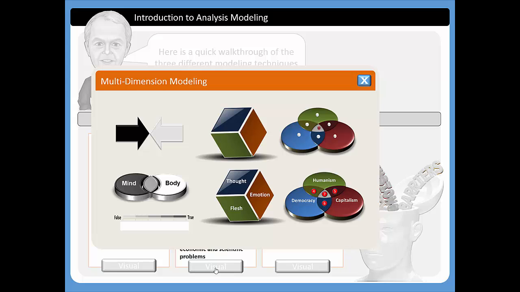Capitalism may have autonomous events and activities that it performs. And humanism may have the same, but they cross. Democracy crosses capitalism, humanism crosses democracy. So you have all those options. Number seven, the option in the middle there, is very similar to our cube, where all three are acting all together. So that's how you would use multidimensional modeling, and those are the examples that you would use it for.